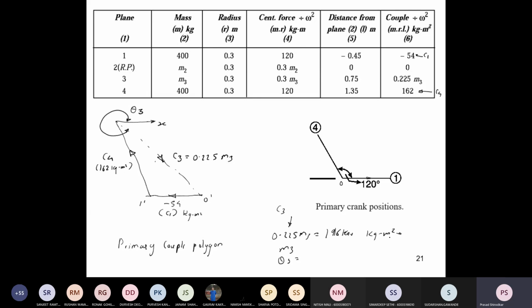So this is 196 kg meter square. So M3 is 871 kg and theta 3 is 326 degrees. Accordingly, plot theta 3.